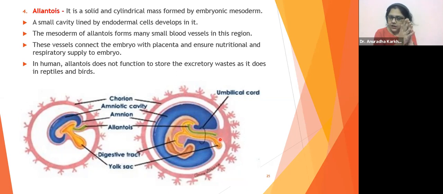So placenta is a common connection between maternal tissue and fetal tissue. Did you all understand how these developments are taking place? Anyone who has any difficulty with this? Anyone who has not followed any part of this, please do let me know, my dears.